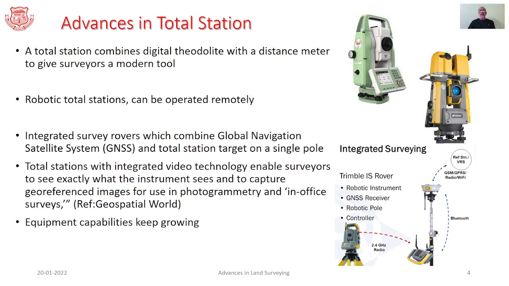Let's try to understand the basic equipment in the modern period in the form of the total station. Already you have studied about the theodolite, then how it was transformed into the digital theodolite.